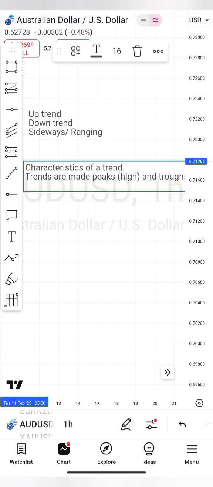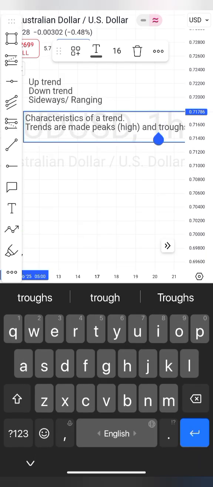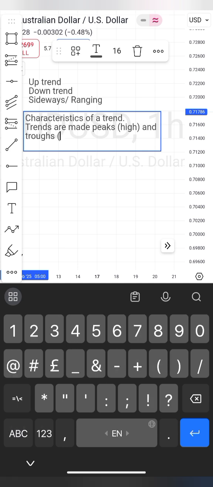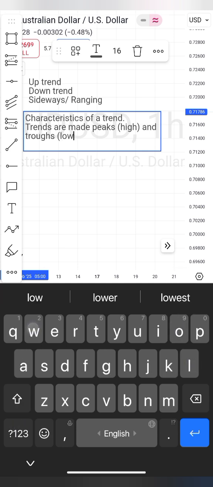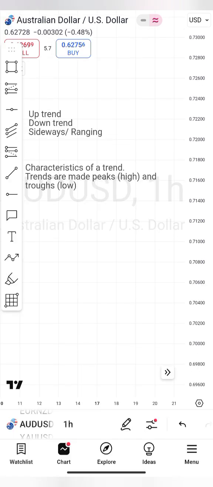Okay, let me get this so we'll see it clearly. Since I'm using portrait, I have to optimize the space usage. Now that you know the characteristics of a market trend, the next thing to check out is how you determine whether it's an uptrend or a downtrend.